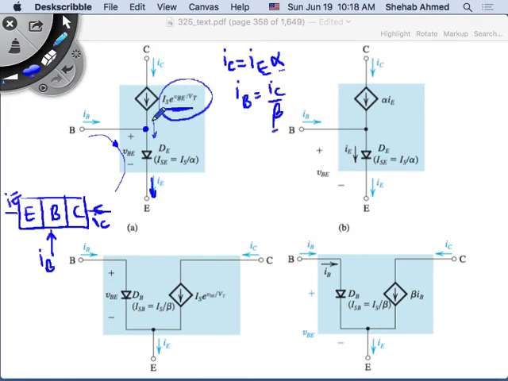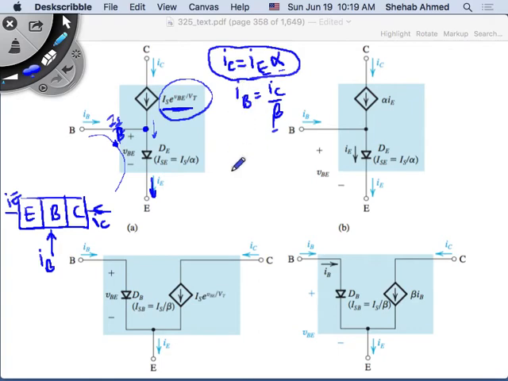Now this base current is equal to IC over beta. So it has a peak value of IS over beta, compared to the collector current, which has a peak value of IS. And then how is the emitter current related to collector current? By alpha.